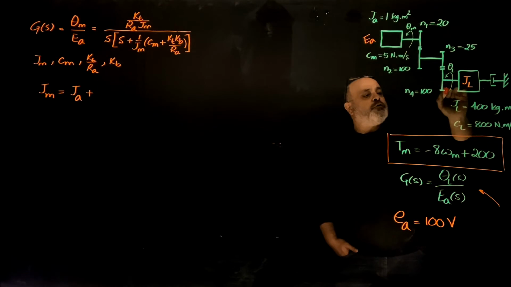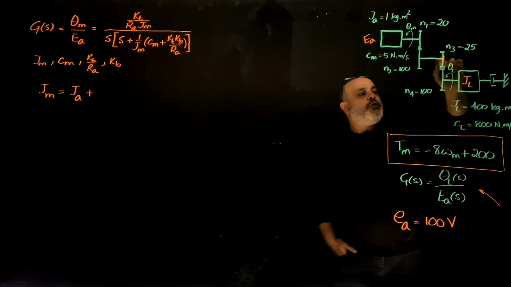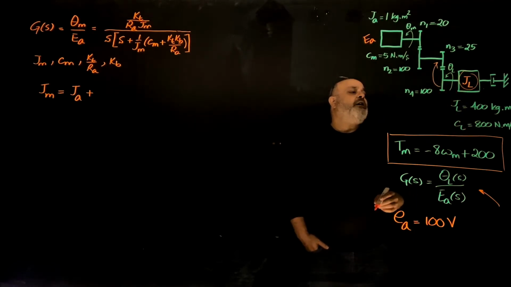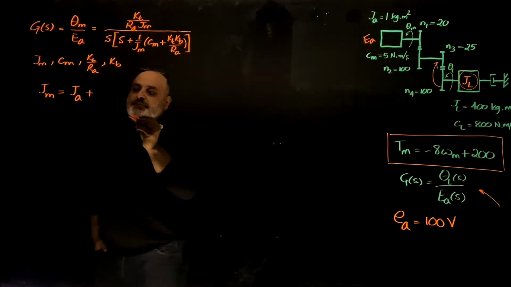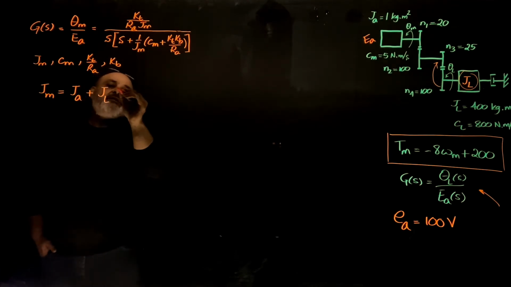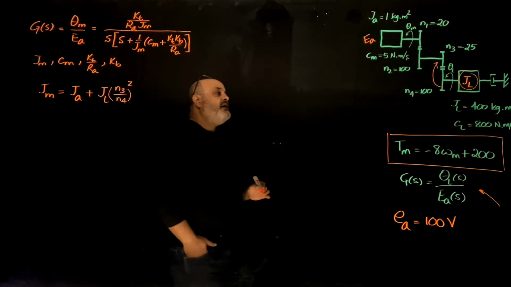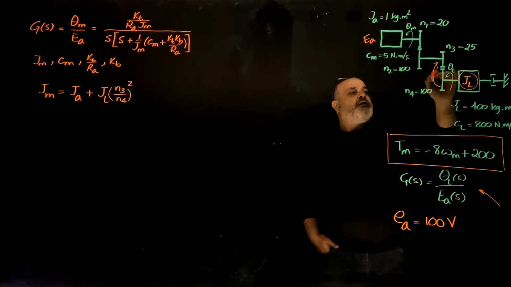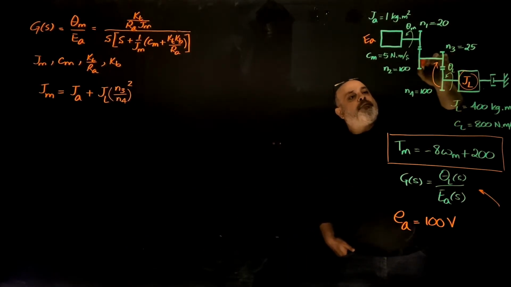First, I'm going to go from N4 to N3, from 4 to 3. So that would be J L, the target is N3, the source is N4, squared. And then I'm going to go from N2 to N1.